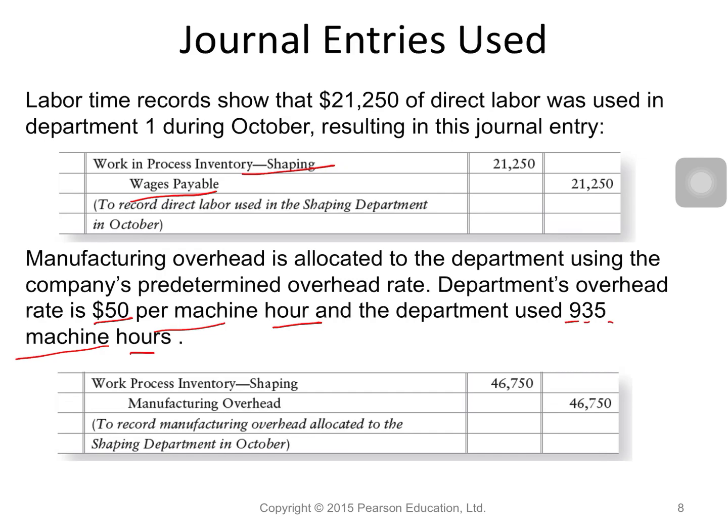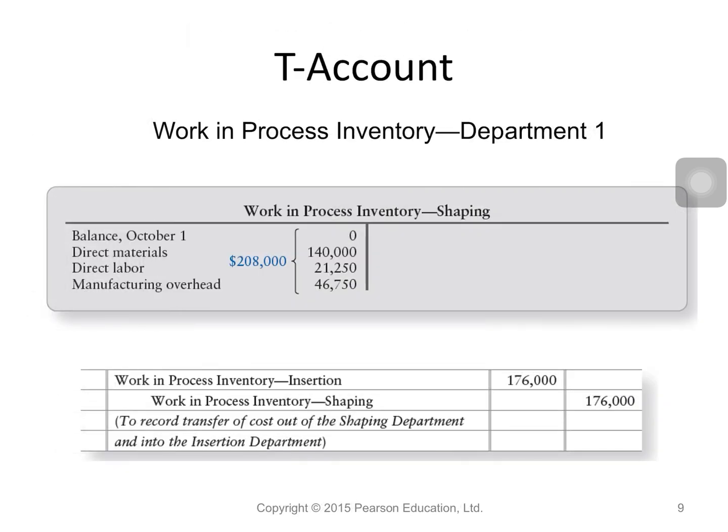Meaning you will have manufacturing overhead of 46,750 recorded on credit, and work in process inventory shaping on debit. You already understand this, as you have been learning about it since the previous semester.